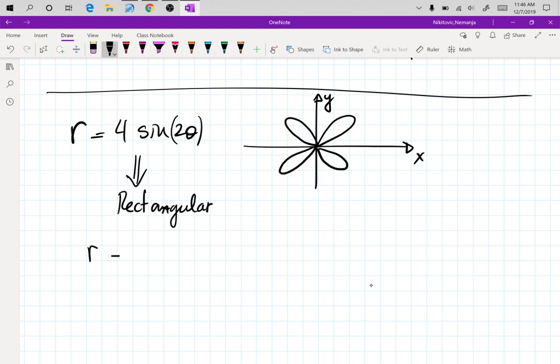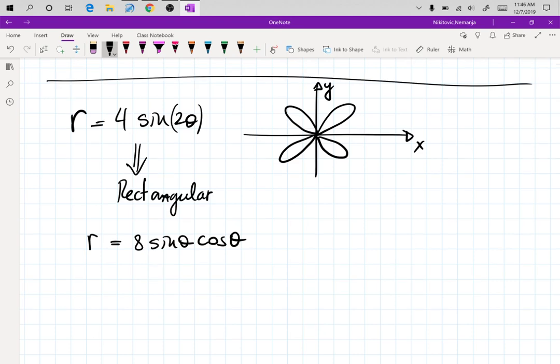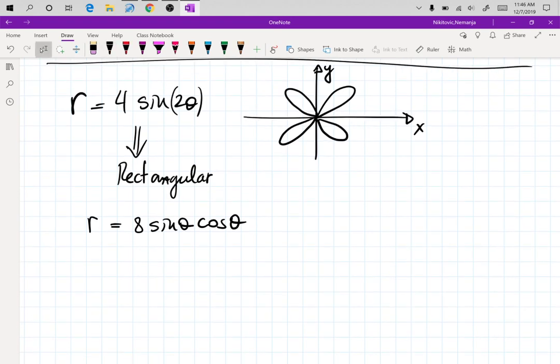First, we're going to write it as r equals 8 sine theta cosine theta because of the double angle identity, right? Sine of 2 theta is 2 sine cosine, and then 2 times 4 is 8. So now you have that. And then you convert all of this stuff into rectangular.